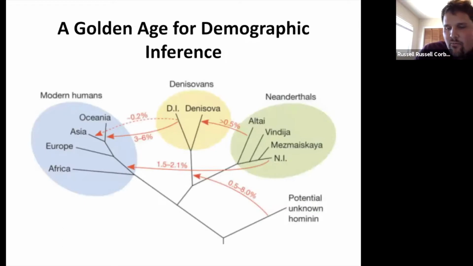One of the big outcomes of this has been what I'm calling a golden age for demographic inference. This is a tree, the evolutionary history of modern human populations and then ancient hominid groups that are related to them at some level. The thing I want to point out is just how extraordinarily precise these approaches can be.